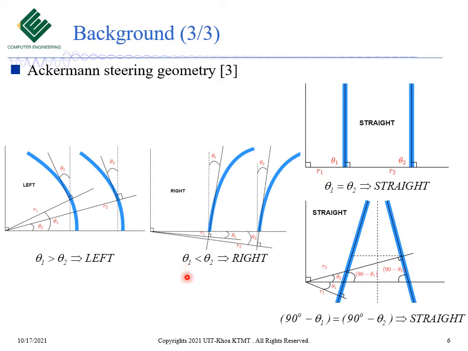If θ1 is smaller than θ2, the vehicle will turn right. If θ1 equals θ2, keep straight. If the angles satisfy the equation, the vehicle will also go straight.